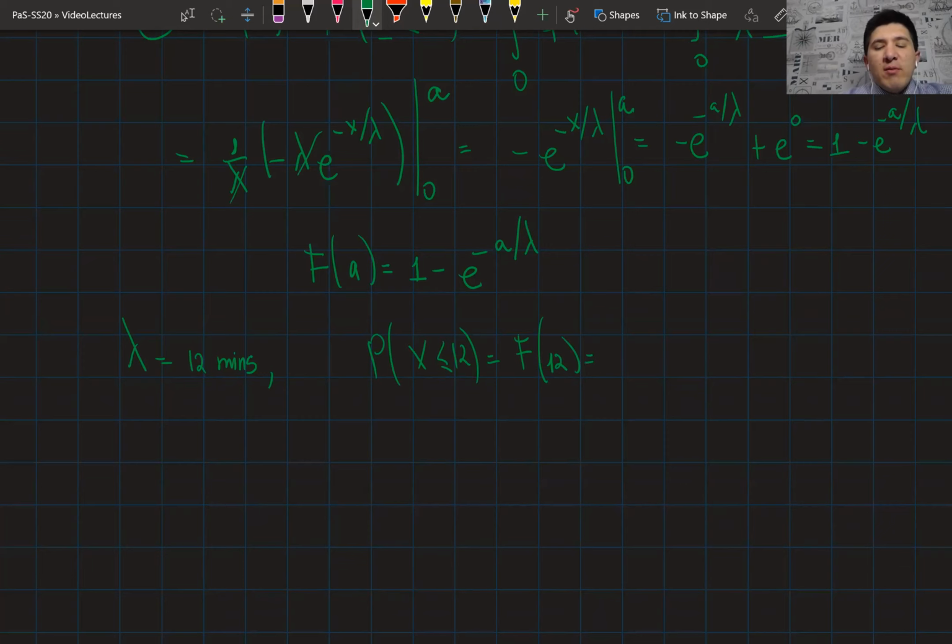I just need to substitute everything into this formula. It's going to be 1 minus e to the power of minus 12 divided by lambda. In this case, lambda is also 12, so it's going to be 1 minus e to the power of minus 1.